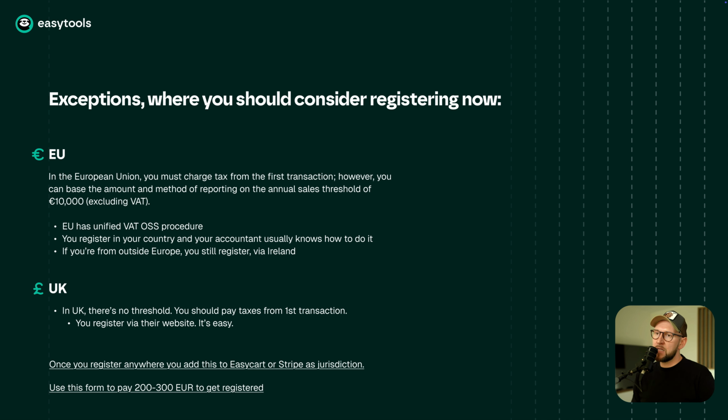It's just the difference that if you're from the EU, then you register in your country of origin where your company is registered, and if you are from outside, let's say from the US, you will register via any country you wish. And I really recommend you register via Ireland, because it's in English and it's super easy.